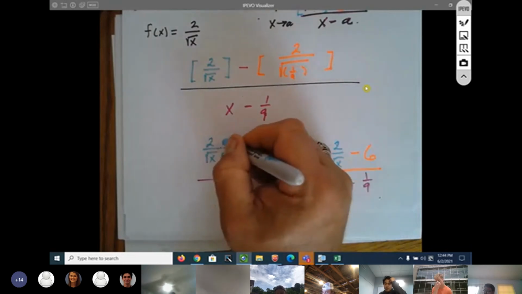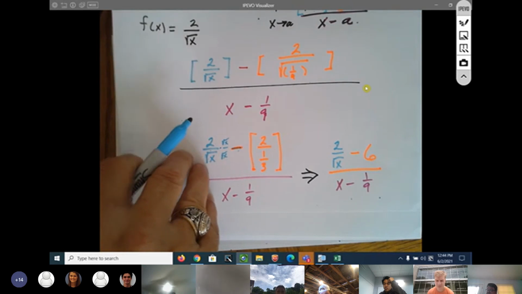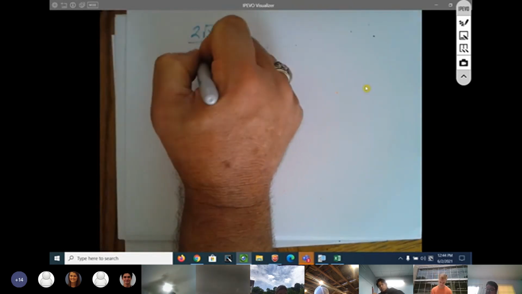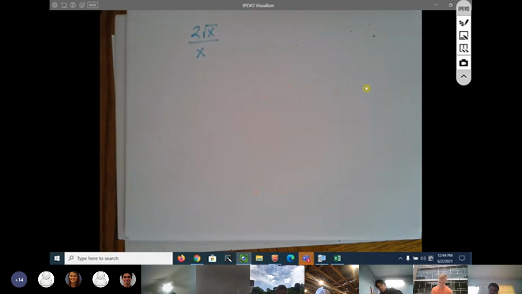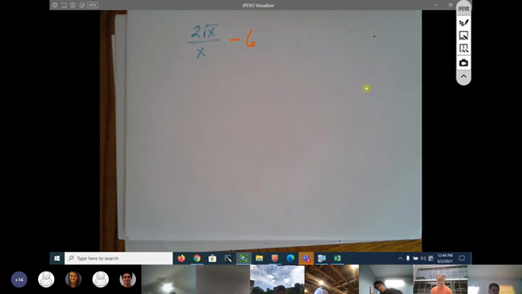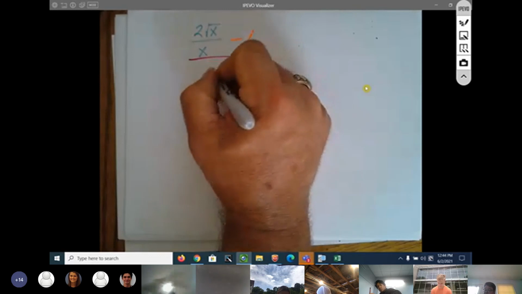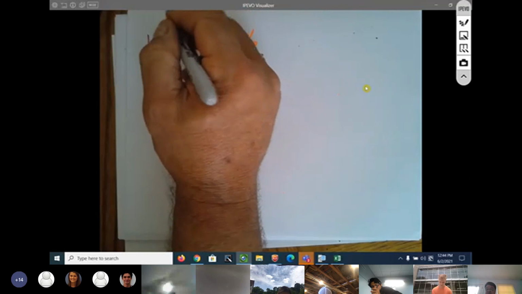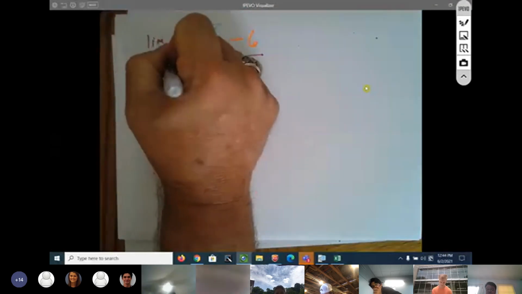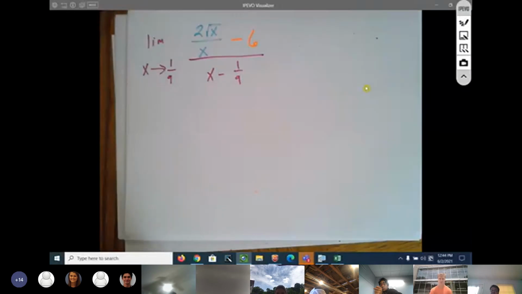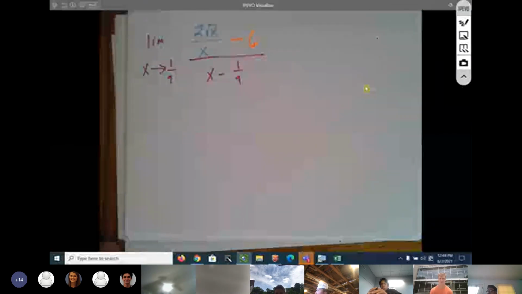That's going to be 2 square root of x over x, minus 6, over x minus 1/9, limit as x approaches, what was it, 1/9? So that's where we're at right now.